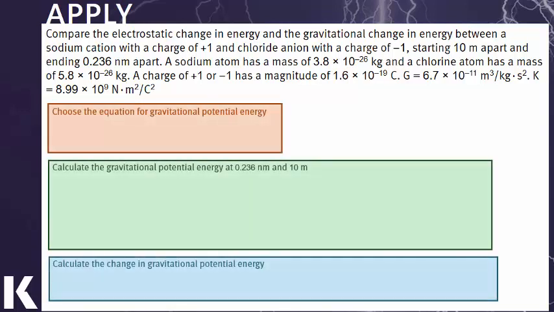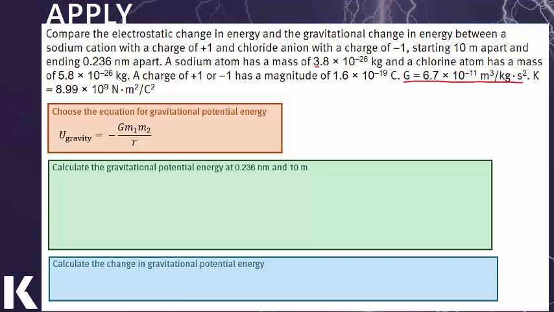So now let's take a look at the gravitational change in energy. So we're going to go through the same process. We need to choose the equation for gravitational potential energy, calculate the potential energy at our two distances, and then calculate the change. So the formula for gravitational potential energy is negative G, and G is the constant. It is given in this question stem. We have our two masses.